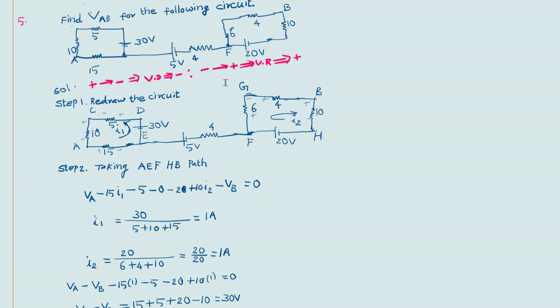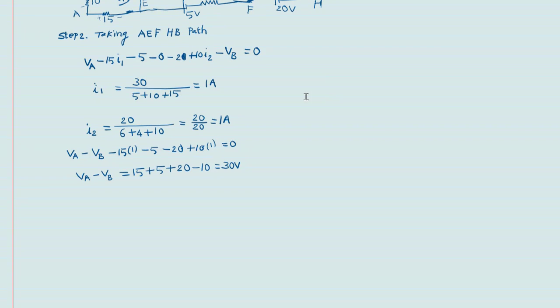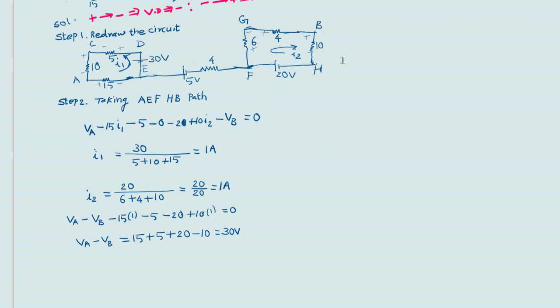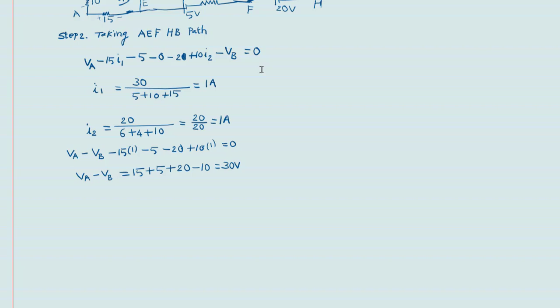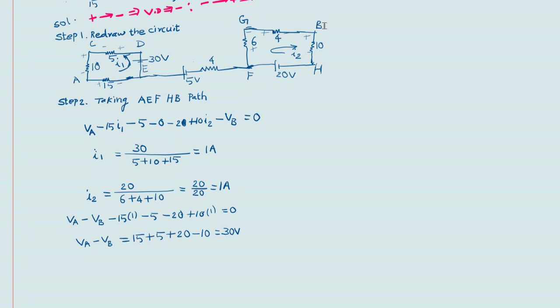Going from negative to positive is nothing but a voltage rise, and it gets the positive sign. So that is plus 10. The current flowing in this is I2, so that is why we write I2 here. Next B is here, and we already assumed that B is at lower potential. So we write minus VB is equal to 0.